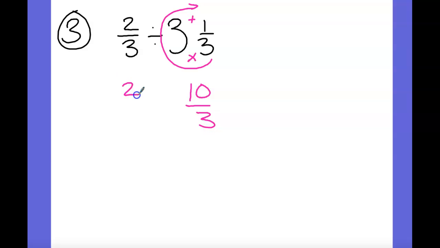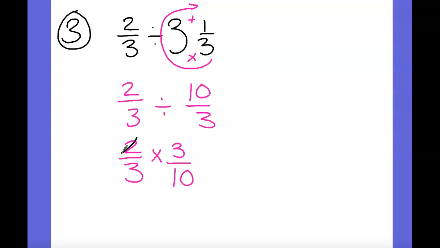Okay, so I'm going to keep everything for right now because I just wrote my mixed number as improper. Now I can keep, change, flip. Which one do you keep? 2/3. Change division to multiplication and flip 10/3. I can reduce. The 2 becomes 1 and the 10 becomes 5.